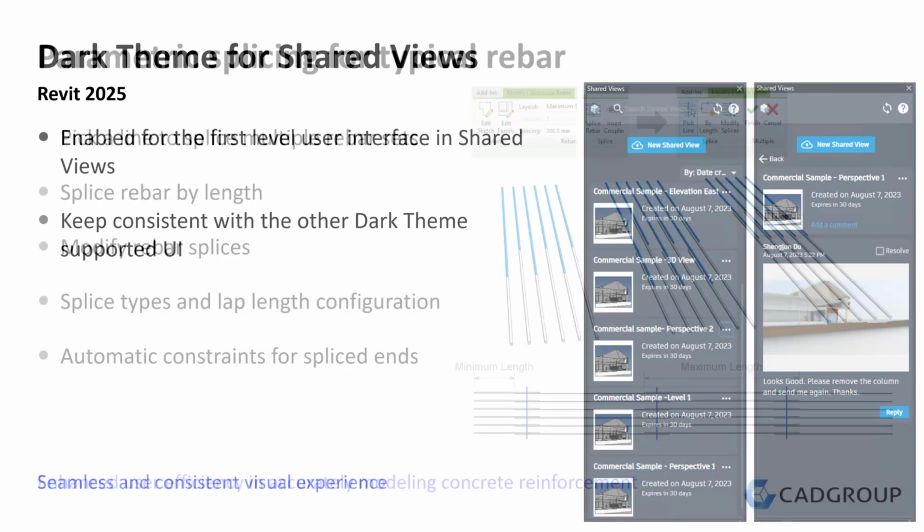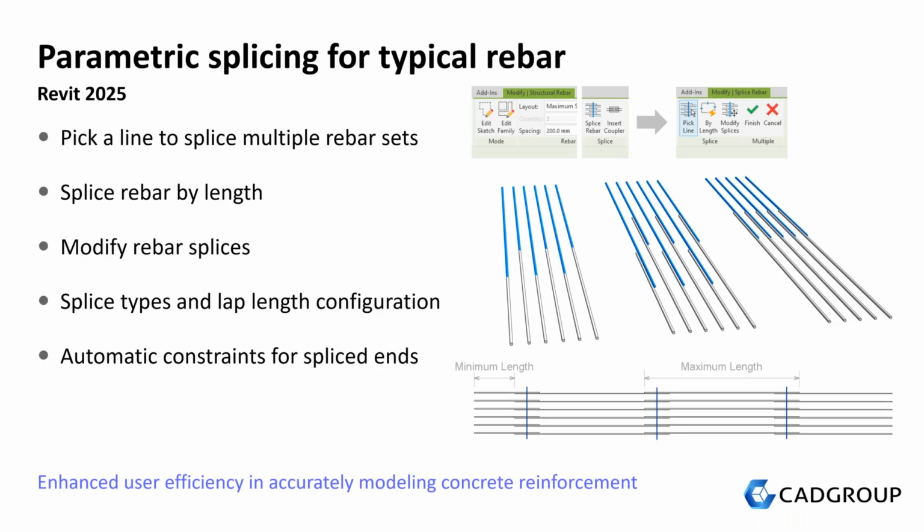In Revit 2025, the parametric splicing for typical rebar feature brings a new level of detail and control to rebar modeling in 3D structures. You can now splice one or several rebar sets at the selected position, splice by length, and modify the splice size as needed.